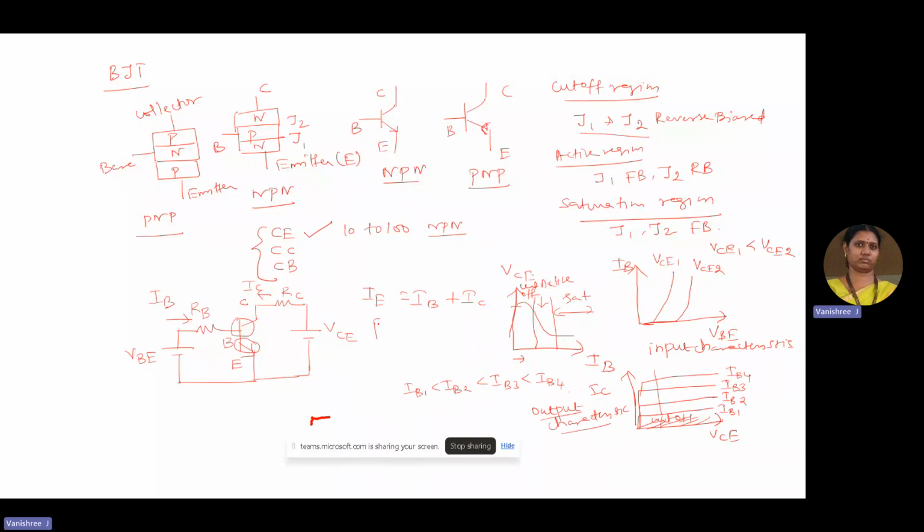So beta is the current gain, which is the ratio of the output current IC to IB. If the current gain is 100, for example, and the base current is 1 milliamp, then there is a greater possibility for us to obtain 100 milliamps as the output current.